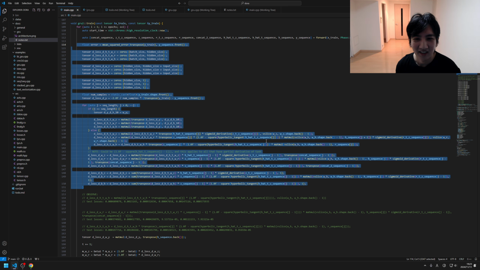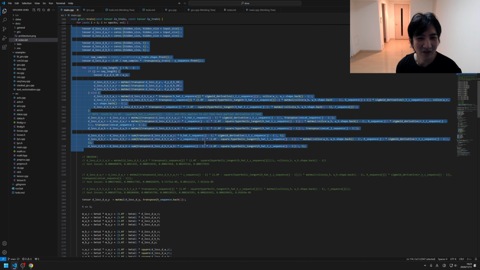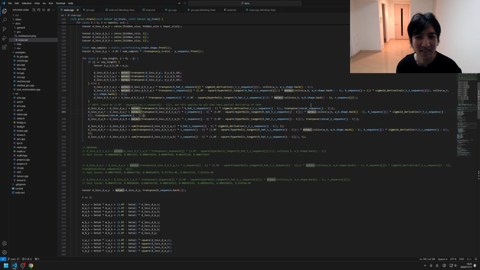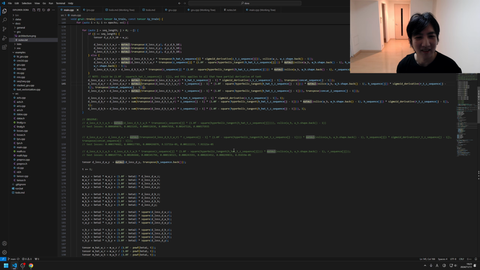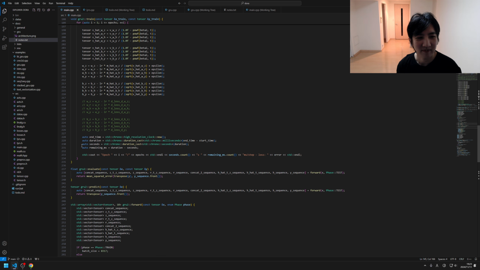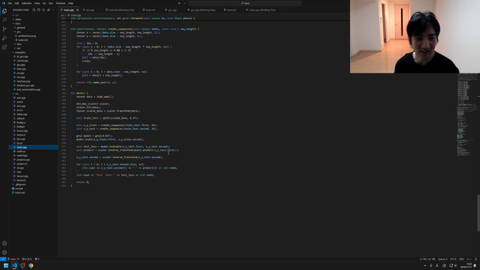I had to do some chain rules, but it's quite complicated. And that's it. I just call the evaluate and predict functions.